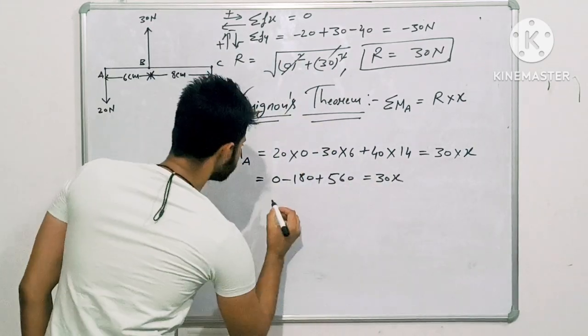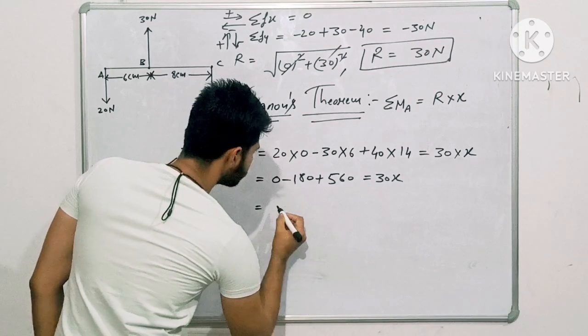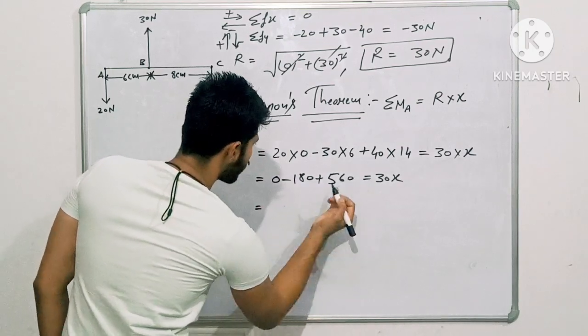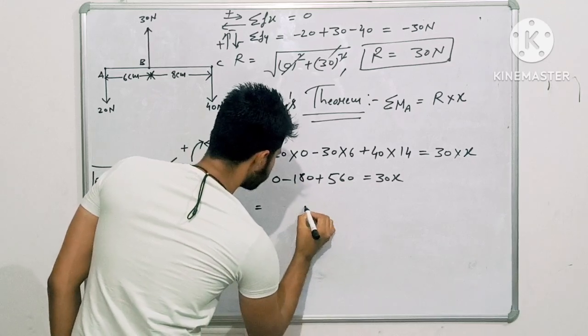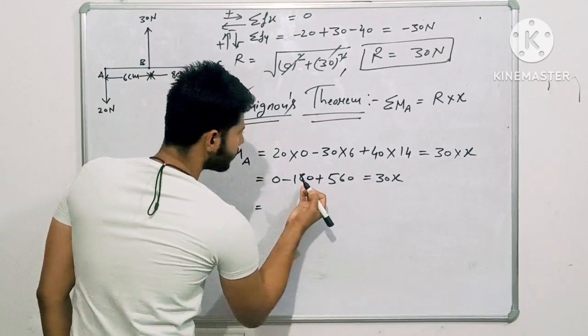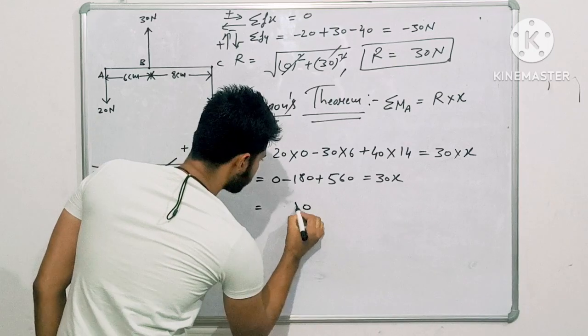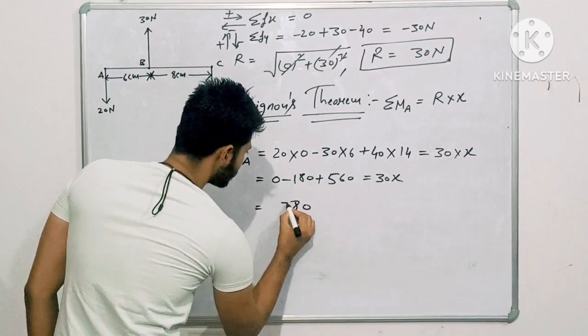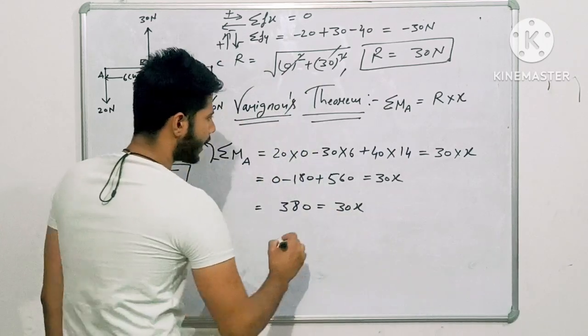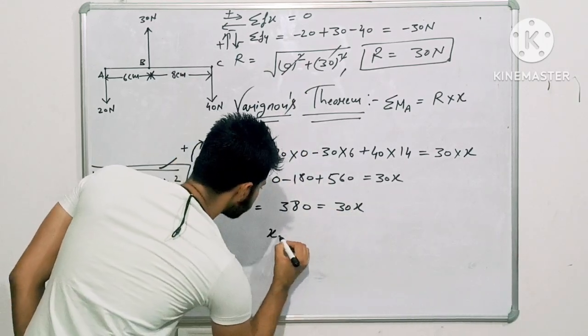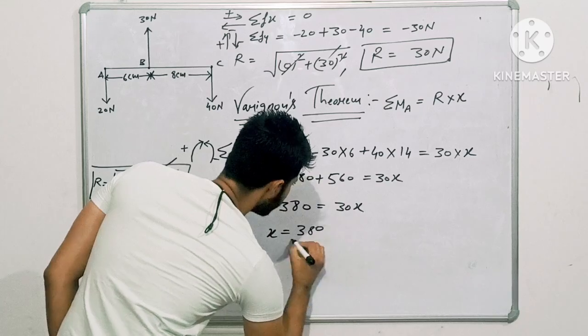Now 560 minus 180 is 380, equal to 30x, and x will be equal to 380 divided by 30.